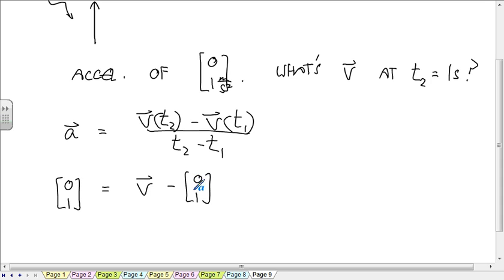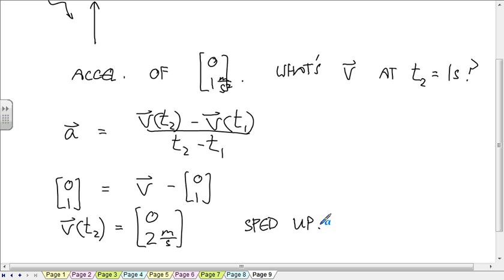And so add 0, 1 to both sides, and you get that the velocity at time t2 is equal to 0, 2 meters per second. Sped up! Okay, so that makes sense, right? Based on our understanding of 1D, that's consistent with what we would expect from 1D.